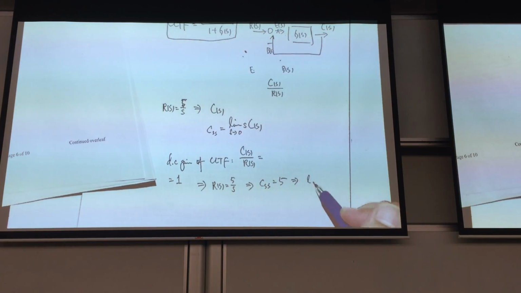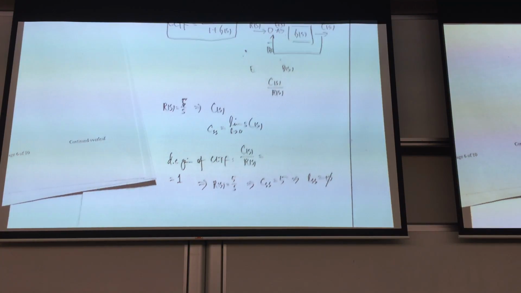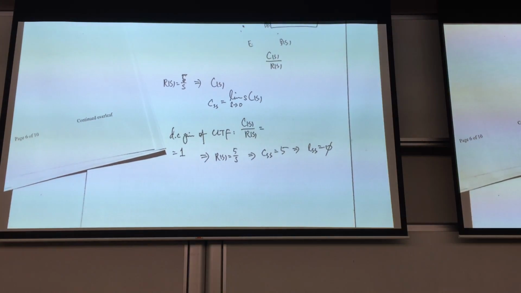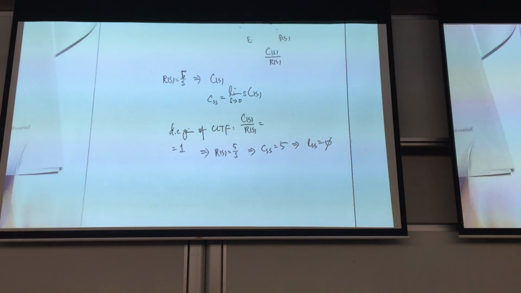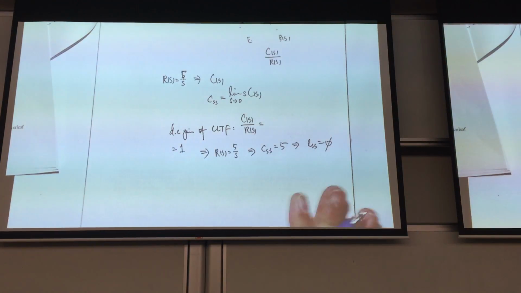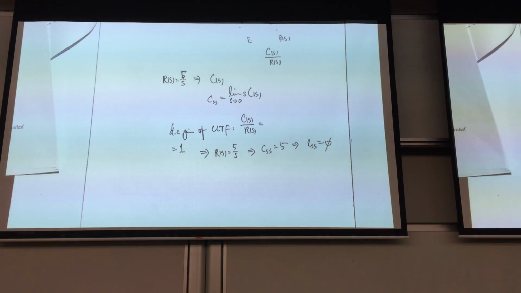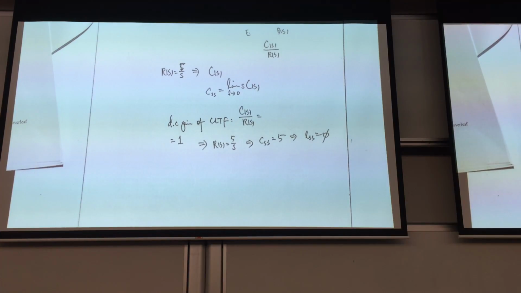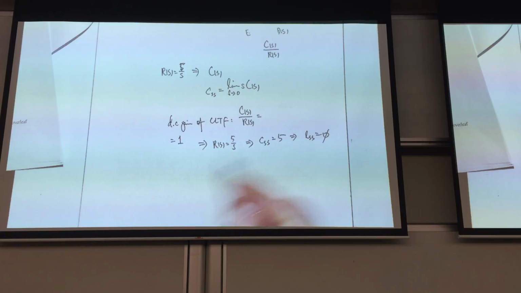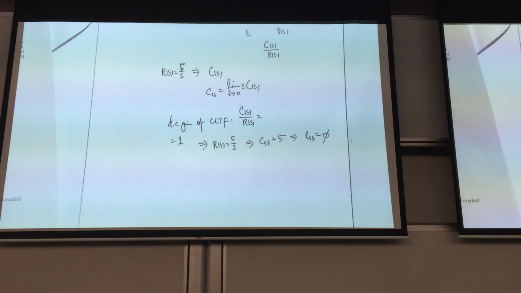So as a result, e_ss is equal to 0. Okay, so it's up to you. If you want to do it this way, you can do it this way. If you want to use the final value theorem, you can also use the final value theorem. This one, I can specify that you're correct, because that's what I taught you.